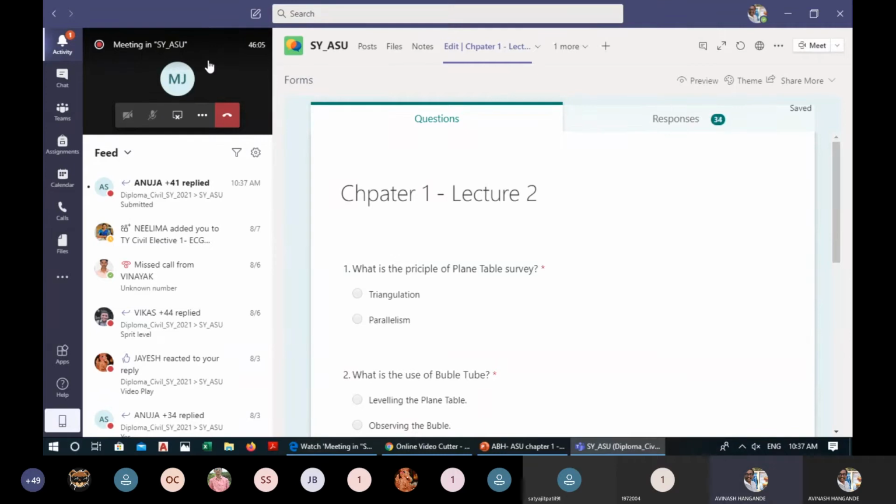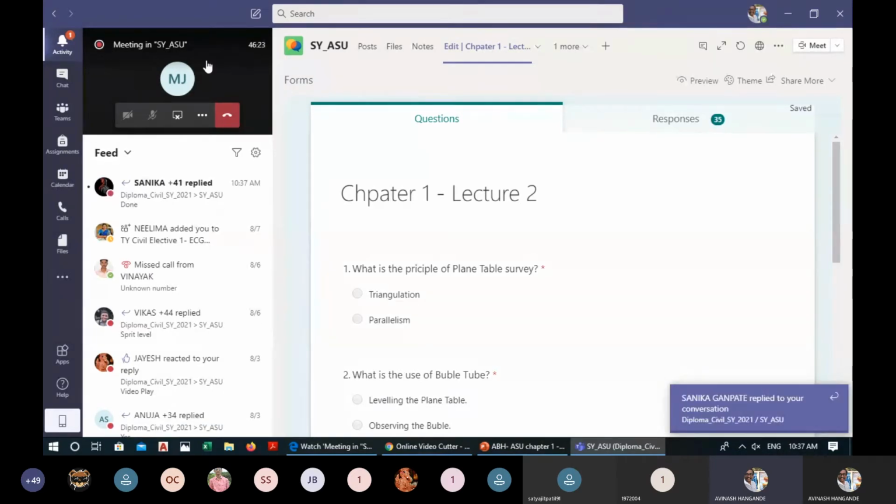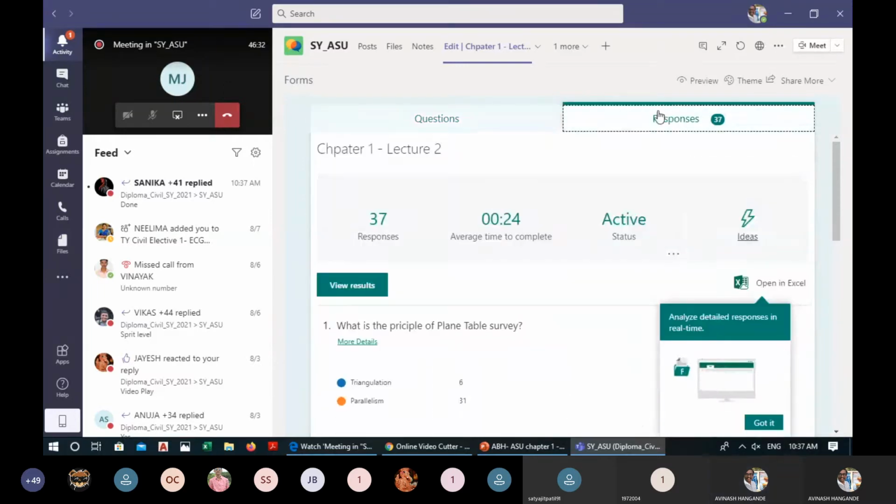So that should be at least 57. Remember that these are the activities that will help you to score more. You have to mention your answers. Only 37 responses are there.